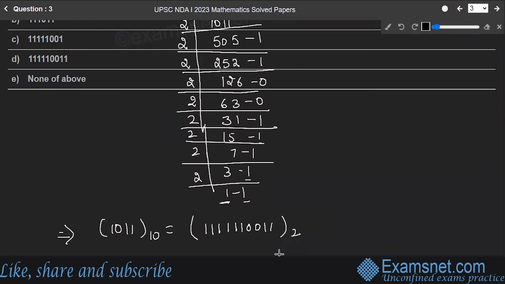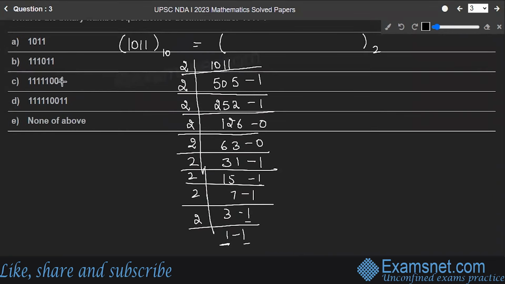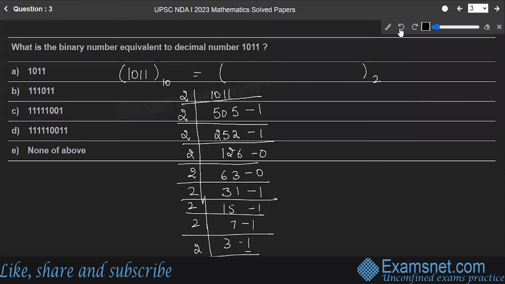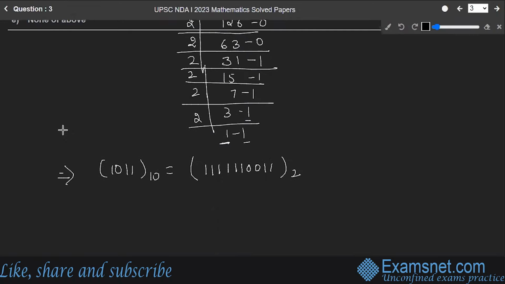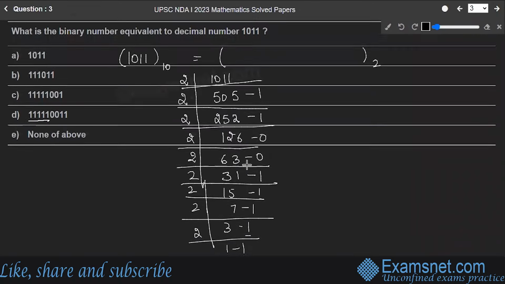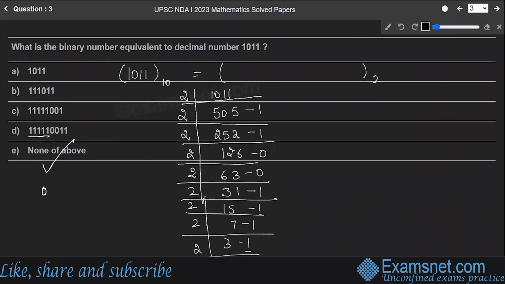Actually, this is not the one. The reason is I'm having 5 ones over here, and here we are having 6 ones. So the answer is none of the above, option E.